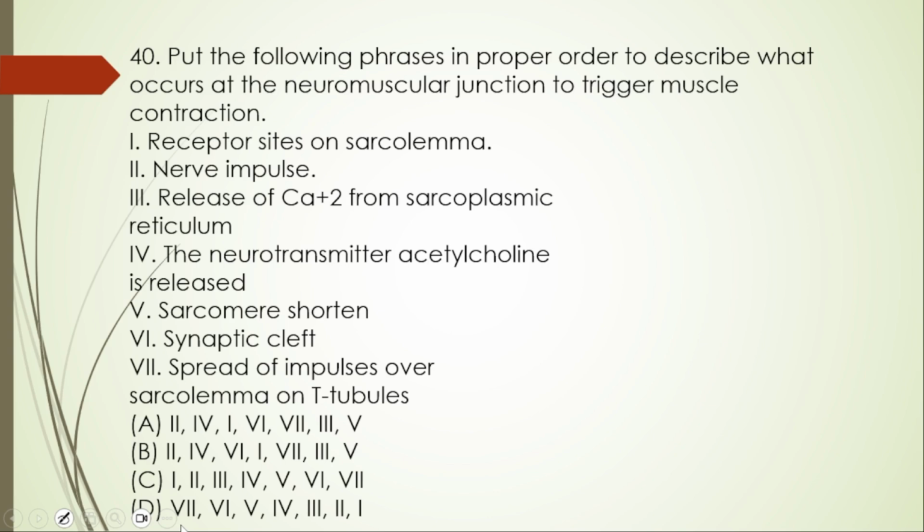Put the following phases in the proper order to describe what occurs at the neuromuscular junction to trigger muscle contraction. So first, receptor sites on sarcolemma. No, first what happens? Nerve impulse will be there. Let me write so that we can easily go through with that. First there will be a nerve impulse, which is an action potential arriving at the axon terminal.